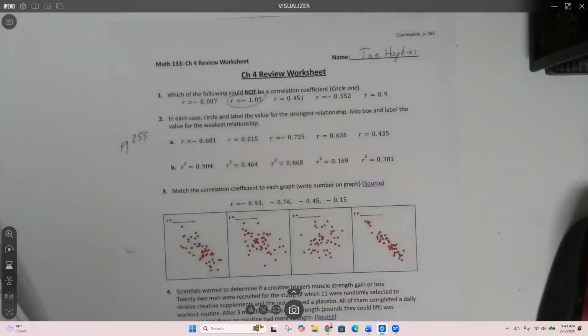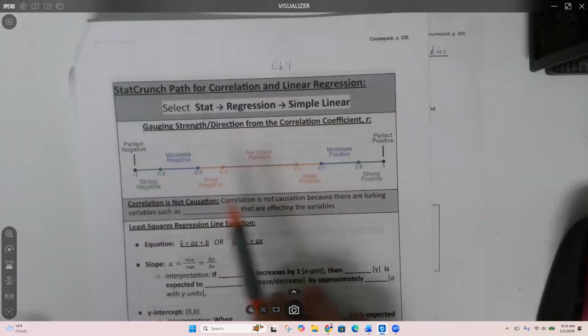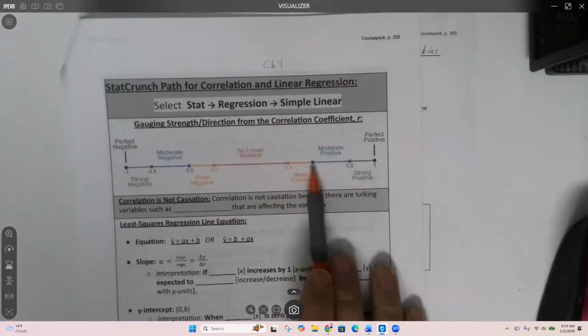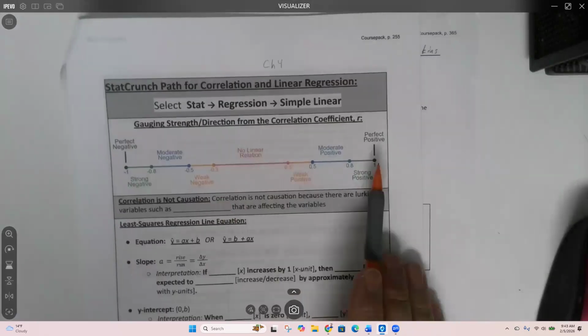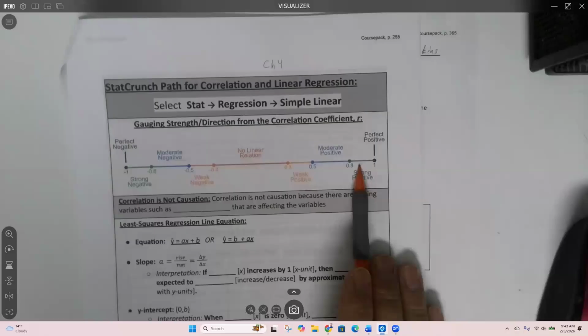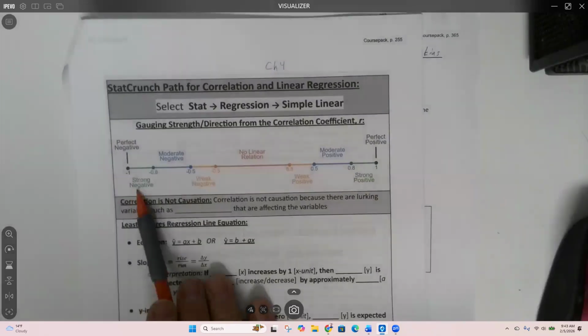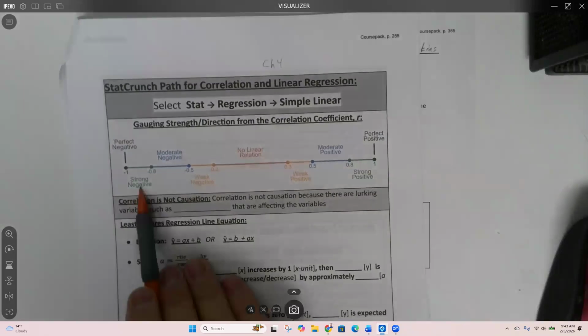Yeah. So you'll notice that, as I said before, you're allowed to have negative numbers. So the closer you get to one, like if I have a correlation of 0.8 or 0.9, that is a strong linear relationship, but it's positive. Now over here, if I have negative 0.8 or negative 0.9, that is still a strong relationship. So that doesn't mean that it's a bad relationship.